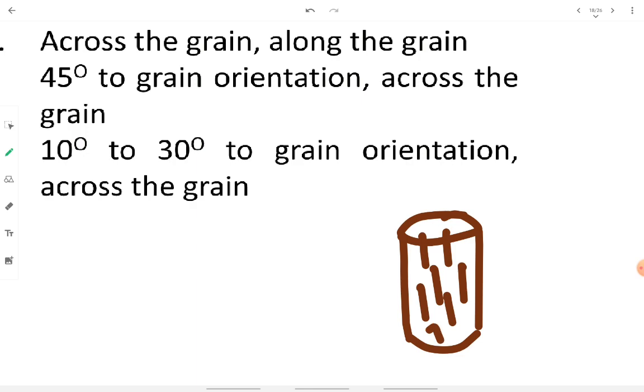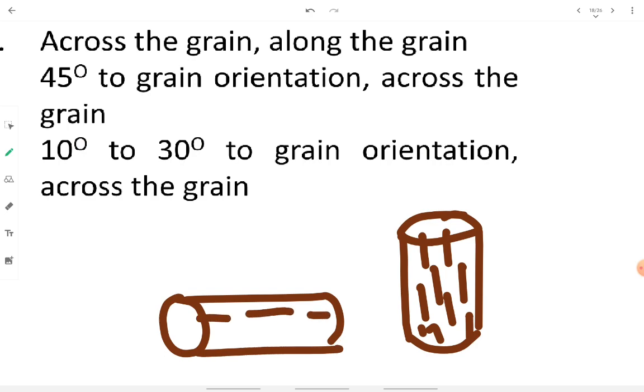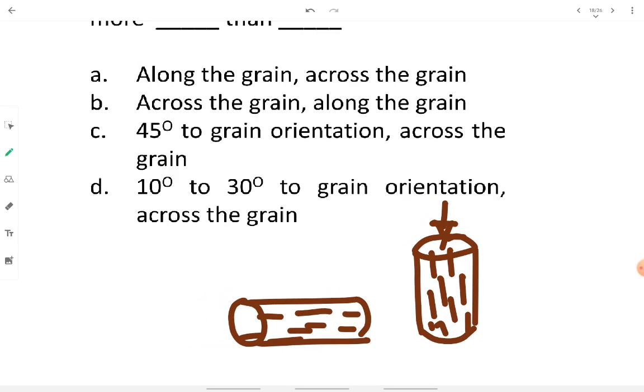Along means parallel to the grain's orientation, across means perpendicular to it. Whenever you carry out a compressive test with the stress direction along the grain's orientation, you will obtain better, more compressive strength of the timber.